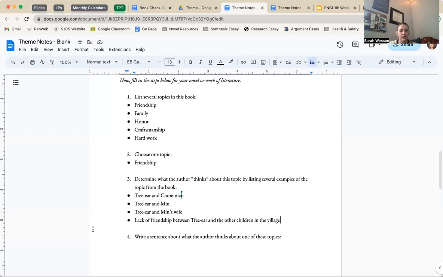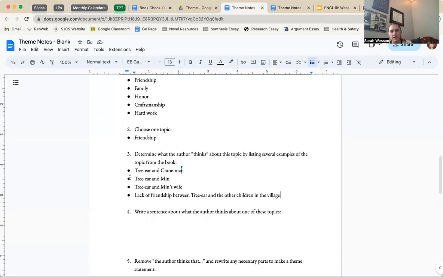Okay, now what we need to do is take a bird's eye view and think about what the author might possibly be saying about friendship based off of all of these examples. We may want to look at the effect of these friendships. What do they do for Tree Ear? We may want to look at what all of these friendships are like.